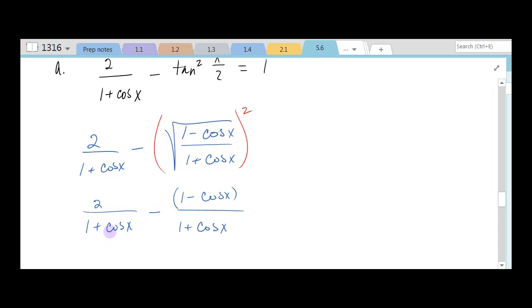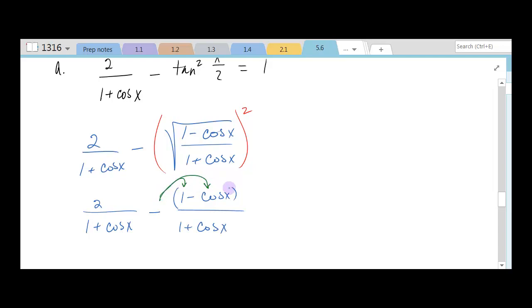So I have common denominators between these 2 fractions, and therefore I can write them as a single fraction with the numerators combined. Now I want to caution you here. I wrote this numerator surrounded by parentheses, and I did it for a reason. Because of this subtraction sign, students tend to make the mistake of just bringing down the 1 minus cosine x and not remembering that I'm eventually going to be distributing that negative sign to both of the terms in here.